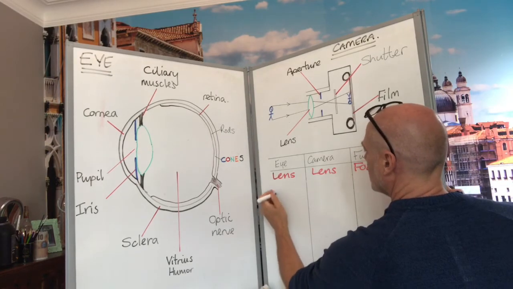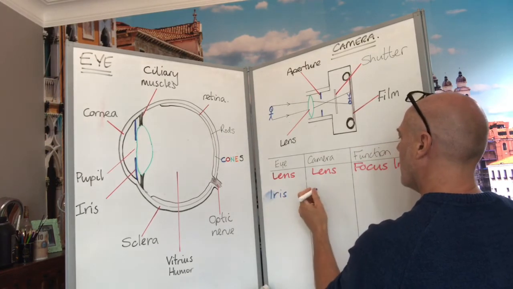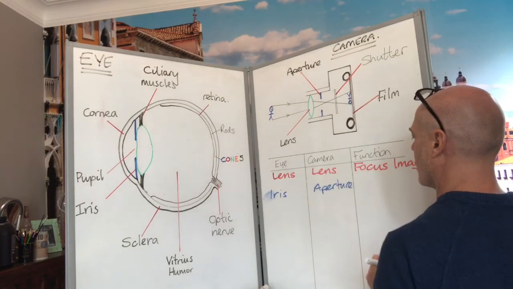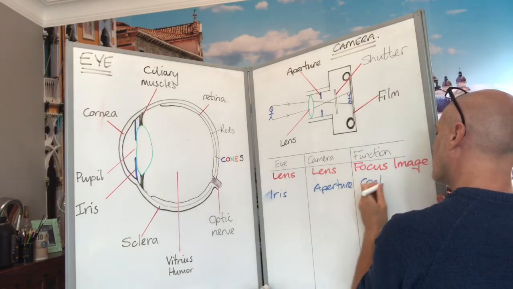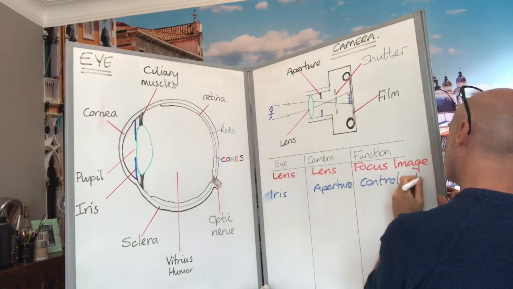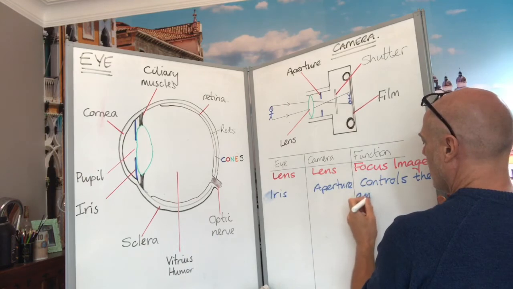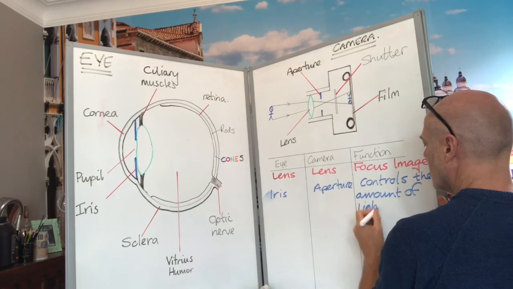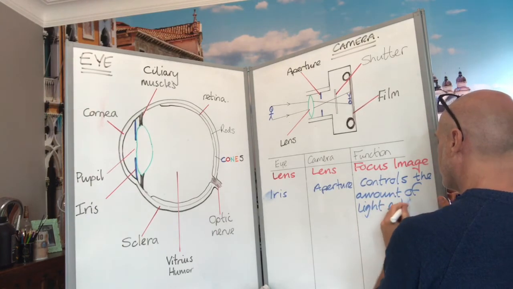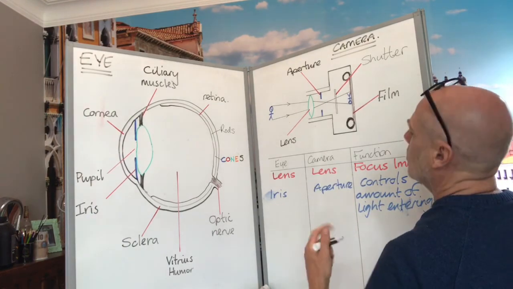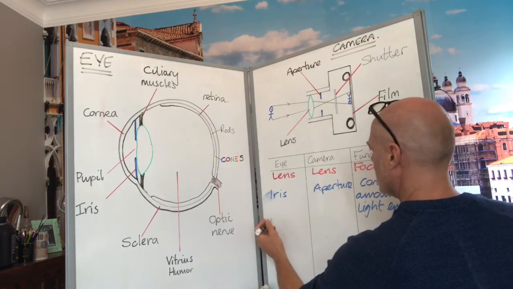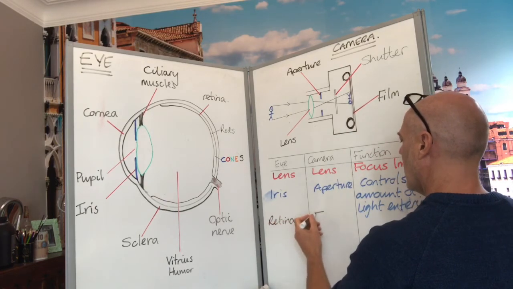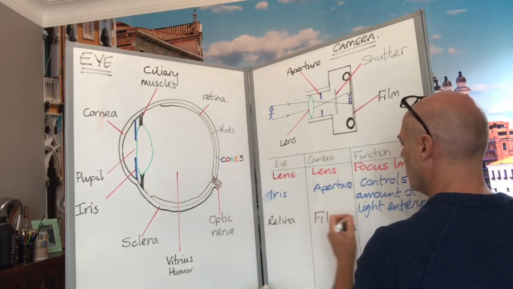So next we have the iris, the colour part of the eye, the aperture in the camera, and that controls the amount of light entering. We also have in the eye the retina, and we have the film in the camera.